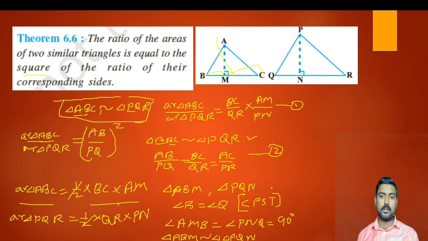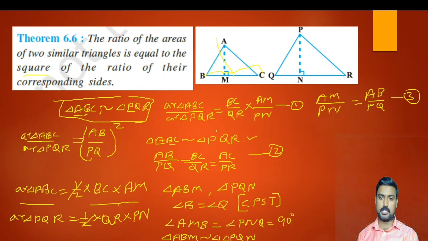Now we can see that these two triangles are similar. If two triangles are similar, their corresponding sides are in the same ratio. So we can write that AM by PN is equal to AB by PQ. This is equation number 3.